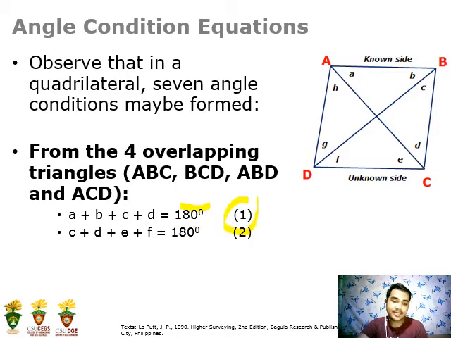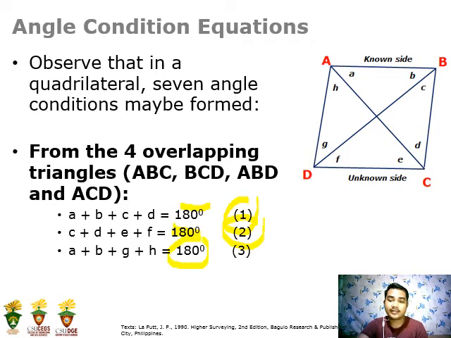And we can also say that C plus D plus E plus F is equal to 180 degrees also. So let's treat that as our equation number 2. And we can say also that A plus B plus G plus H is equal to 180 degrees gyapon, kay triangle man siya. So that's our equation 3. And E plus F plus G plus H is equal to 180 degrees gyapon. So that's our equation 4.